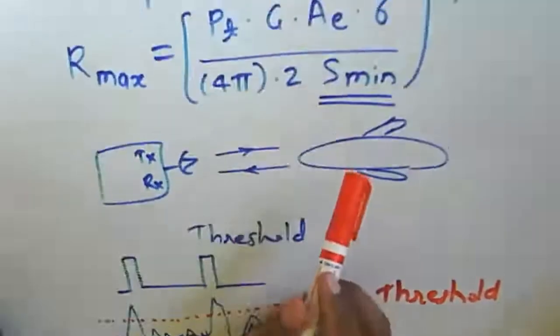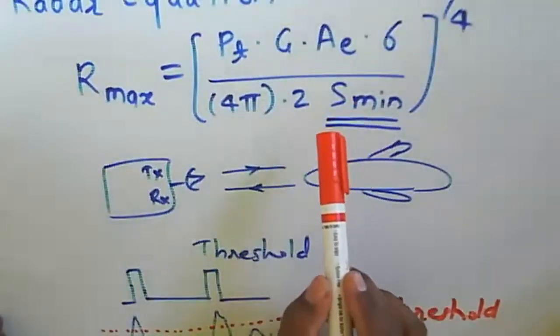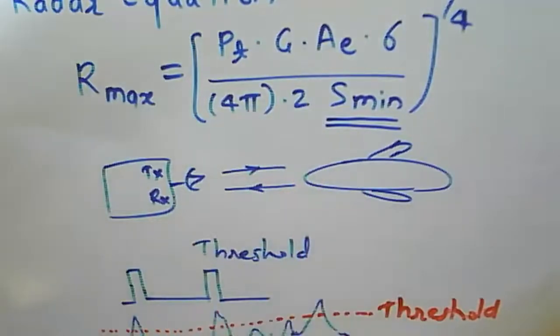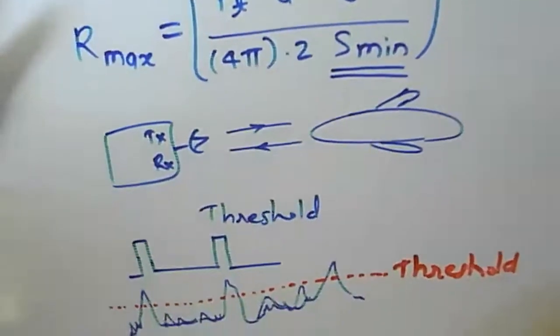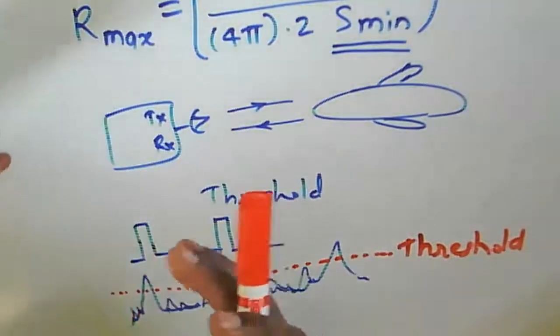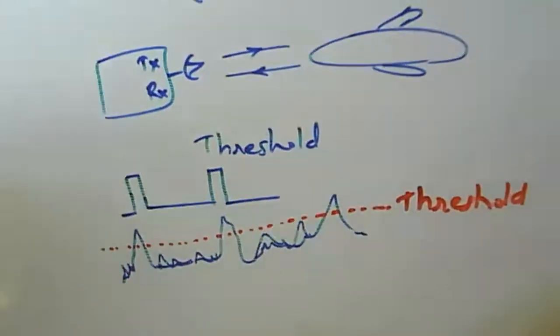So that's why we say the minimum detectable signal is the one received or read by the given device. For that purpose, we define a particular threshold, and above that given threshold we find the minimum detectable signal level.